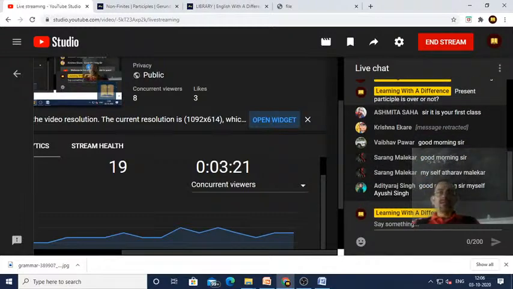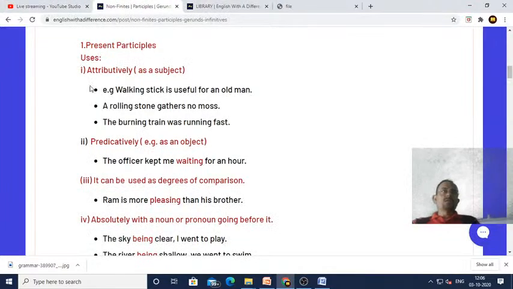Every day. So dear students, the first use of present participle is attributively. Attributively means as a subject. There is a difference between the attributive use of the present participle and the gerund, where the ing word is the subject of the verb.